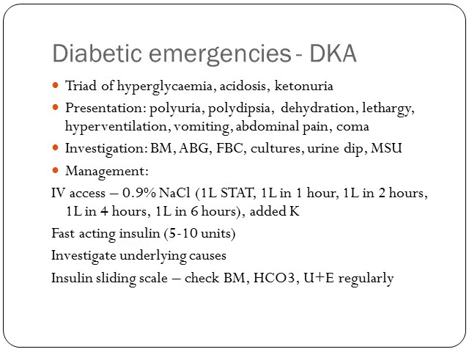It's a triad of hyperglycaemia, acidosis and ketonuria. It presents with polyuria, polydipsia, severe dehydration, lethargy, hyperventilation, vomiting, abdominal pain and coma. So again, if you find someone unconscious or unresponsive, think about their blood sugars.